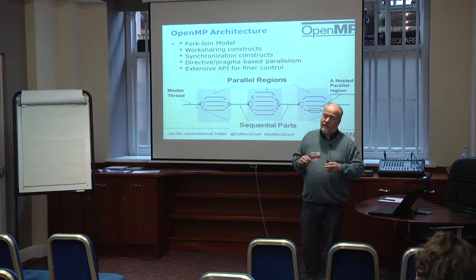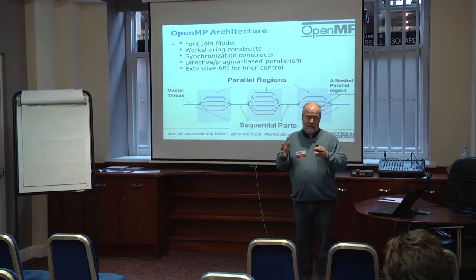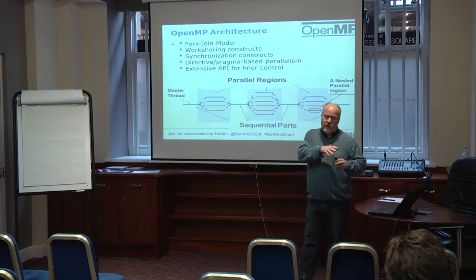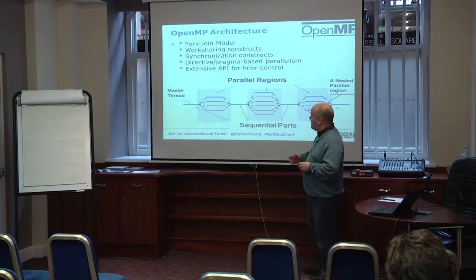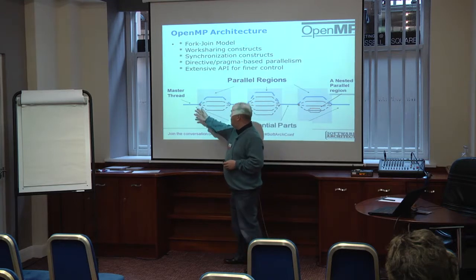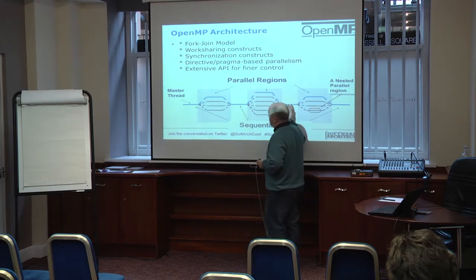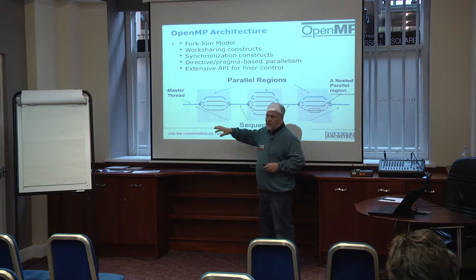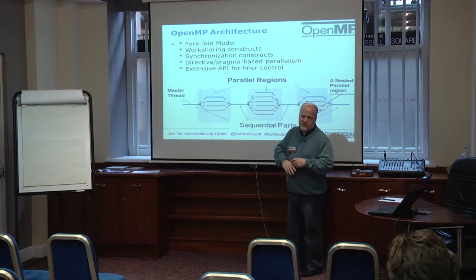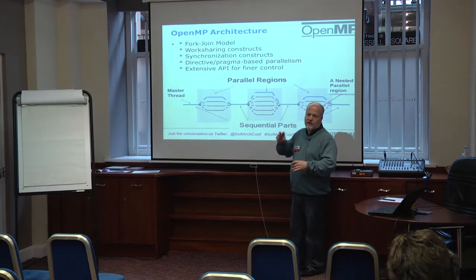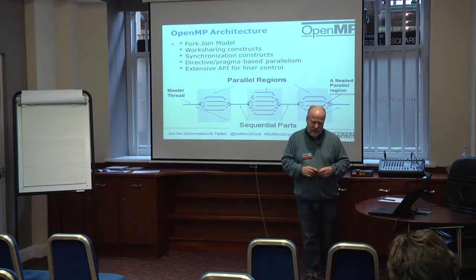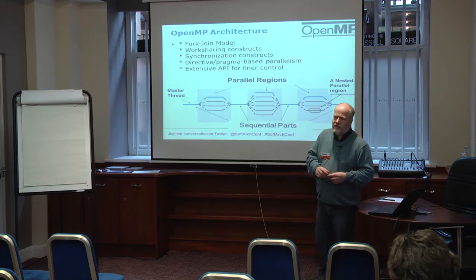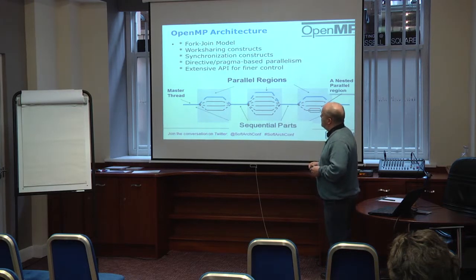So you put a pragma around the loop, and that bit will become parallel. It uses a sort of forking into threads and then joining at the end. This diagram gives the idea that there's a master thread running through all your program, and you'll choose parts of your code to make parallel. So it's not a case of saying, let's make it all parallel, but rather bits of the code that will be made parallel. And usually, but not always, it's loop-oriented parallelism that people implement.